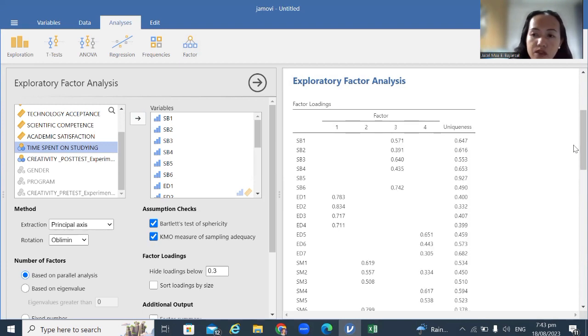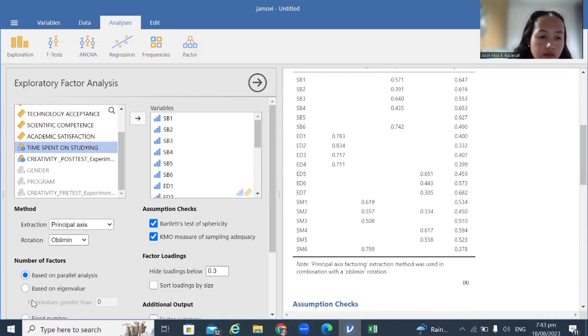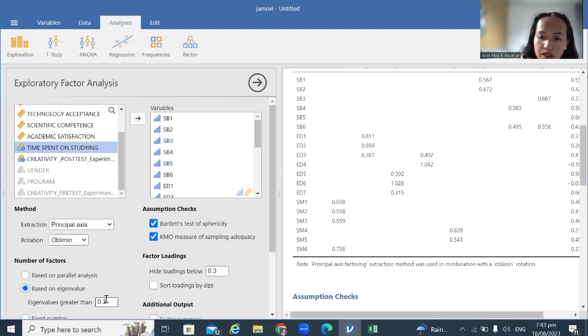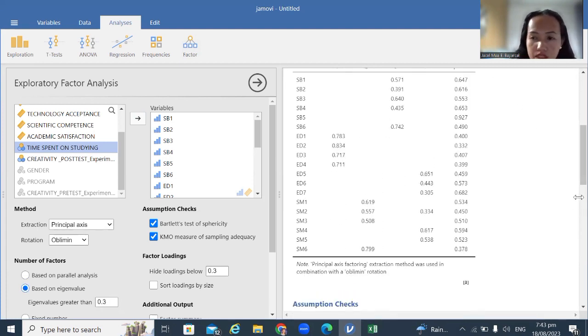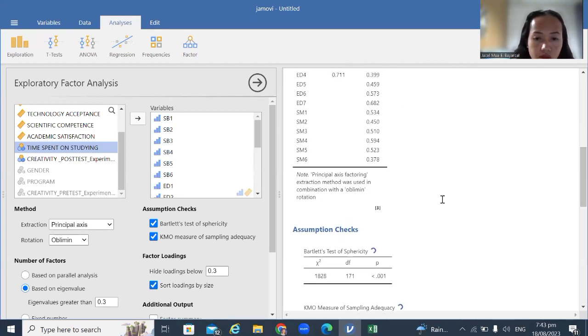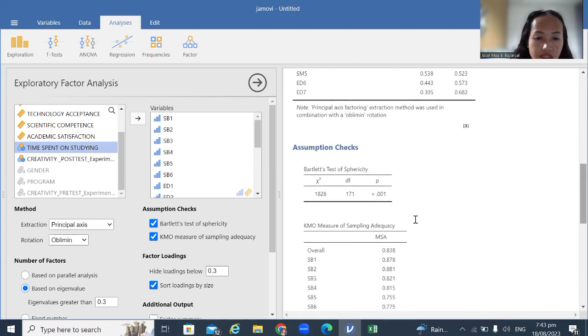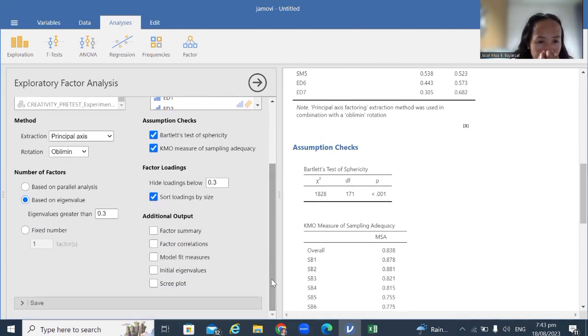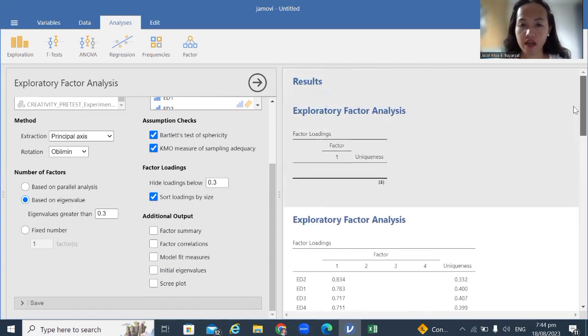And for the number of factors, we will be basing on the eigenvalue. Let's try 0.3 to eliminate other types of values. We have also to sort loadings by size. And then, okay, so that's it. We have also factor summary. You may explore this EFA. You just have to click this one since it's a checklist there.